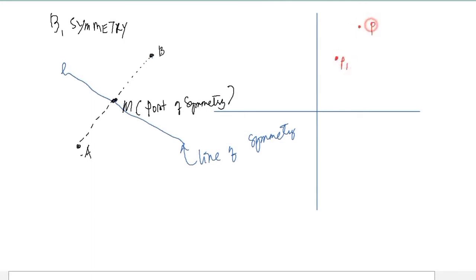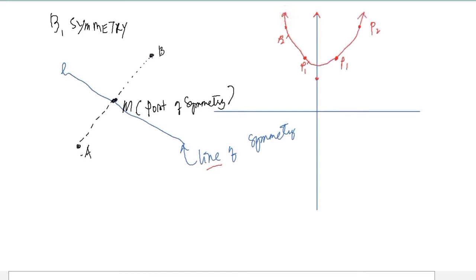Tapos, meron tayo ditong P2. Pag sinabi niyang this is symmetrical with respect to y-axis, ito yung y-axis natin acts as the line of symmetry. So, dito sa kabila ay si P1 prime, kamukha niya, o symmetrical sa kanya. And dito naman si P2, so P2 prime. That should be symmetrical.